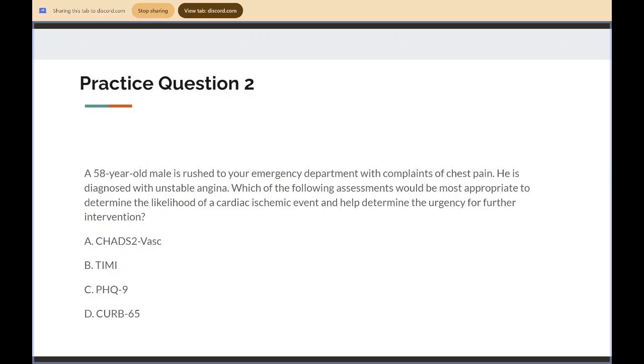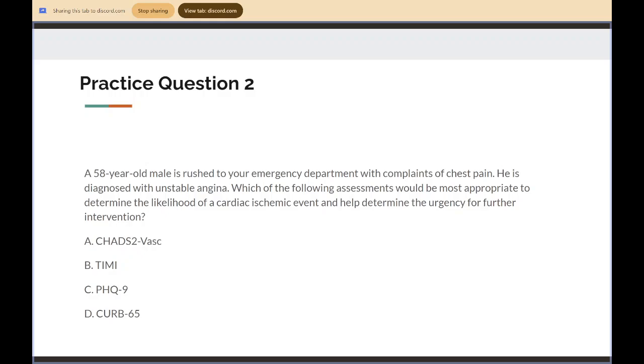PHQ-9 or choice C is a screening tool for depression and the severity of depression in adults. CURB-65 is a clinical prediction rule used to assess the severity of community acquired pneumonia or CAP in adults to determine the need for hospitalization. However, there's some discussion.